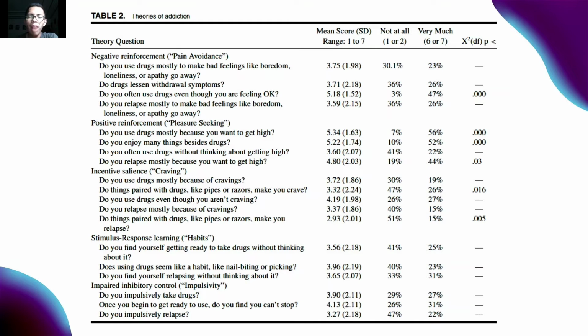Among those identifying negative reinforcement as an important motivation, only 7 of 17, or 41%, responded that they frequently use drugs due to withdrawal symptoms. Somewhat smaller numbers responded that stimulus response learning, 25%, or incentive salience, 19%, were very important for ongoing drug use or relapse.